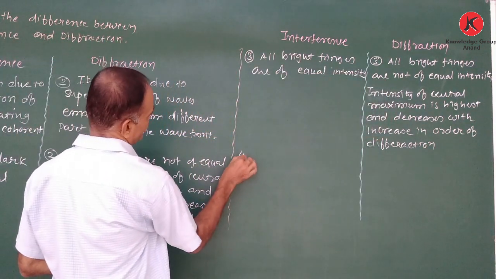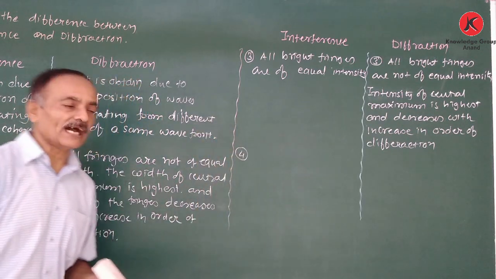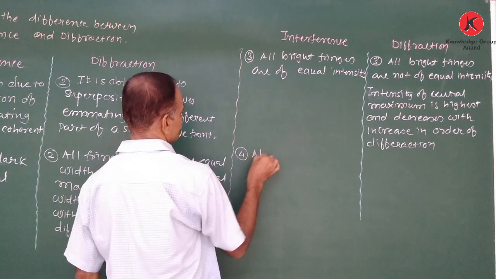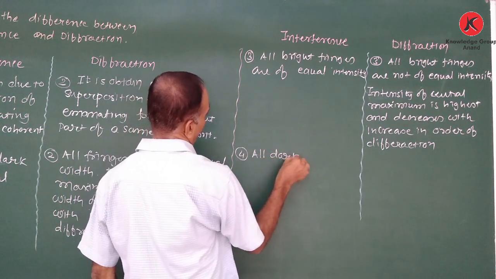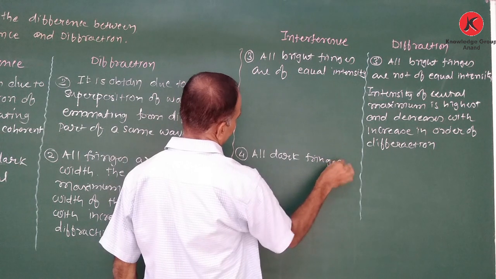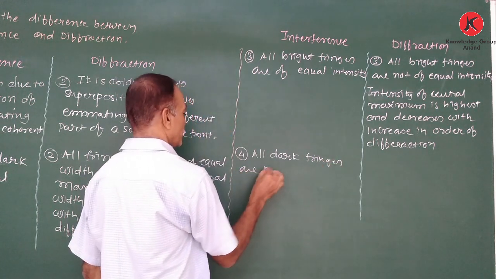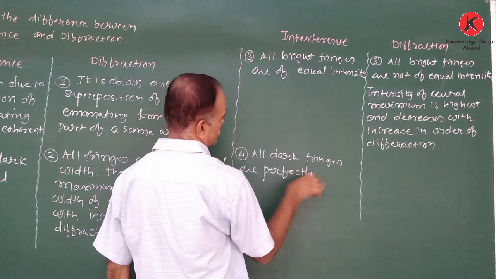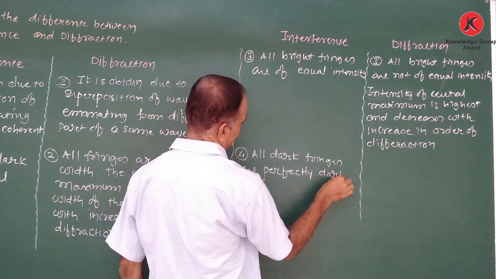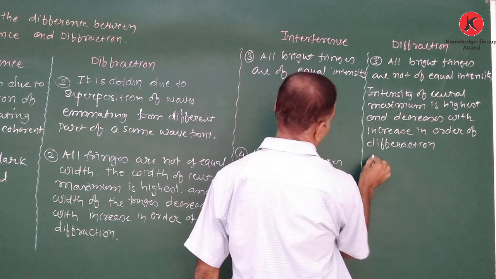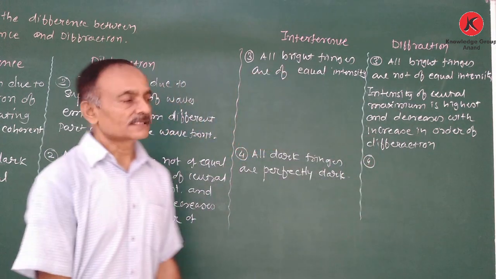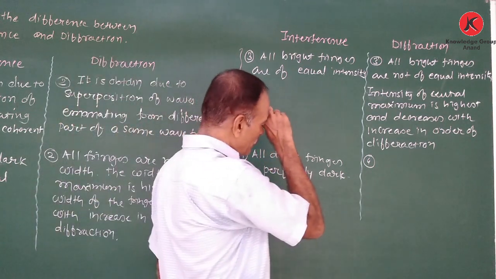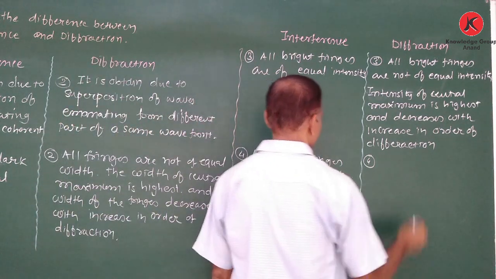Now, the fourth point. All dark fringes are perfectly dark. Now, in diffraction, the region of minimum intensity is not perfectly dark or completely dark.